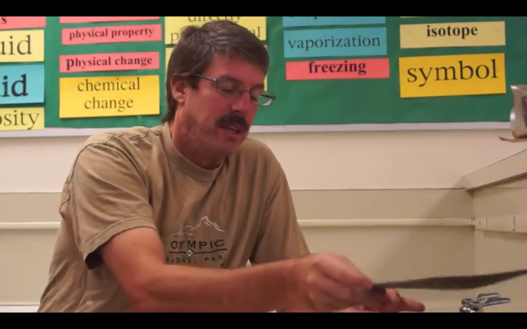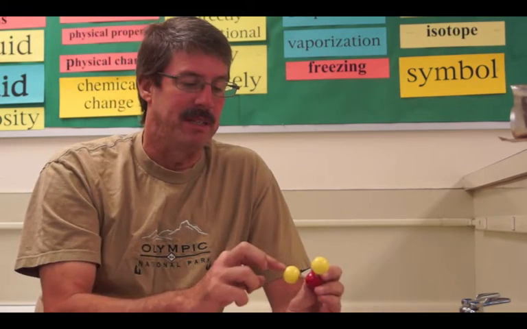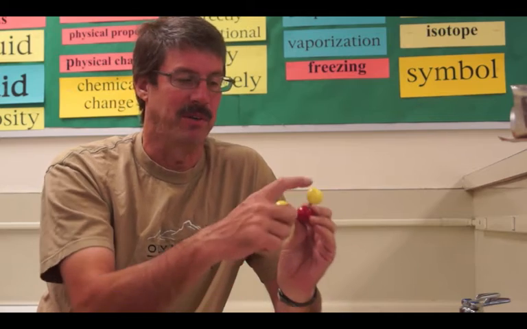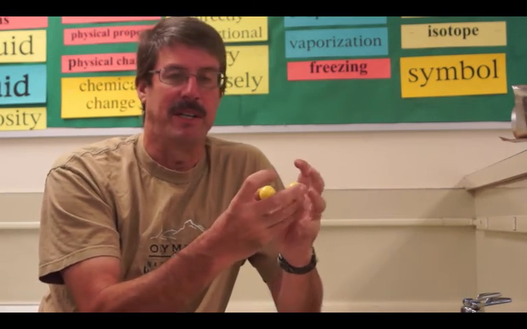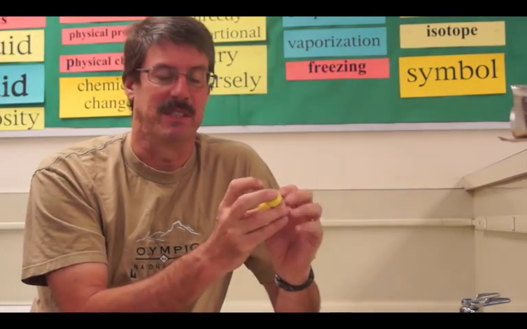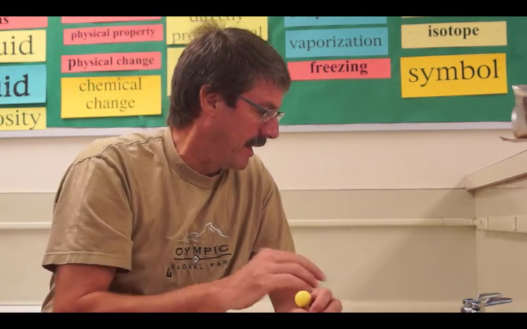So everything is made out of these atoms and molecules, and what you want to remember is that the atoms are the basic unit, the basic particle, a hydrogen atom, an oxygen atom. And then when they bond together, they make molecules of substances. And they could be small molecules like this water, or very large ones like the DNA molecule that we looked at last year.